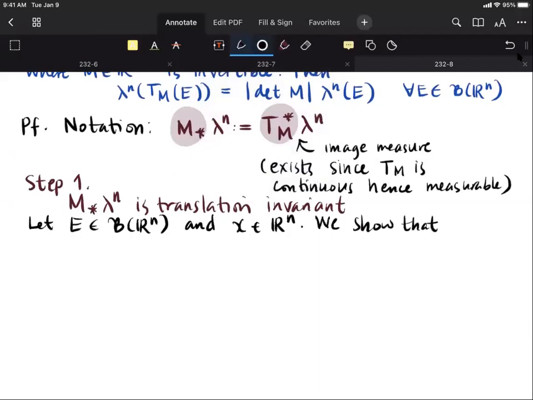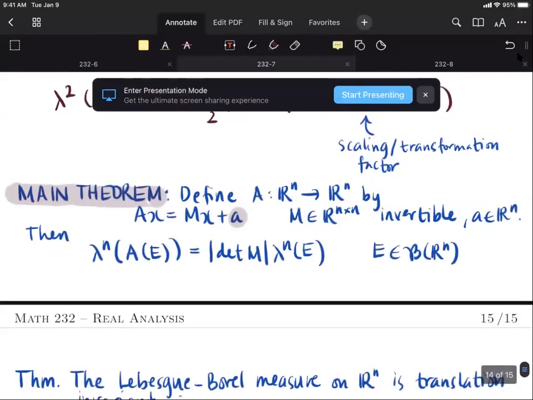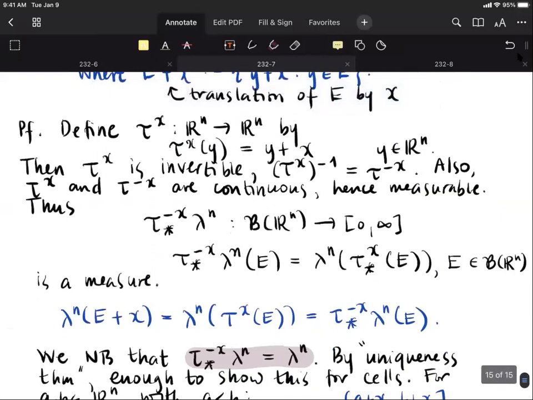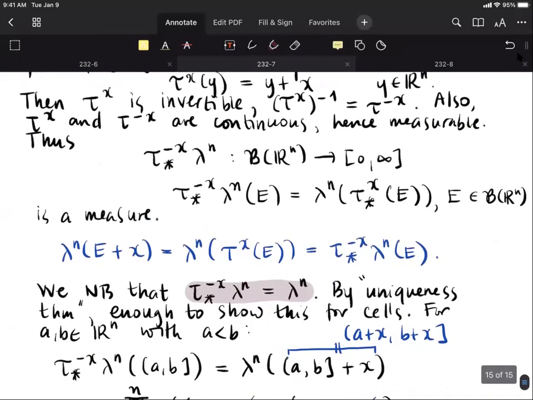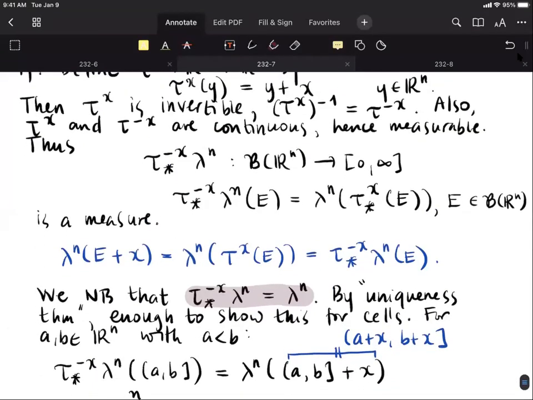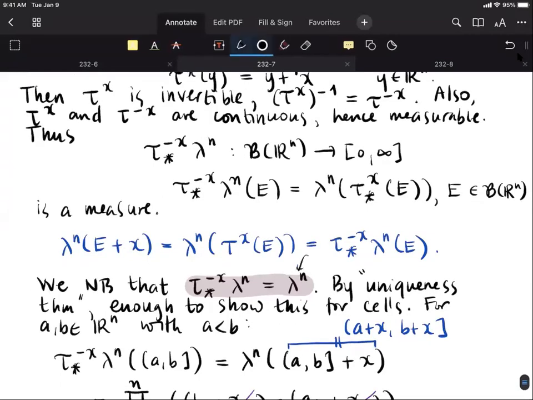Okay, going back to the previous slides. So to prove a translation invariance, we just need to prove this property here, the one provided in this equation. So translation invariance means that this part here has no effect in the measure.